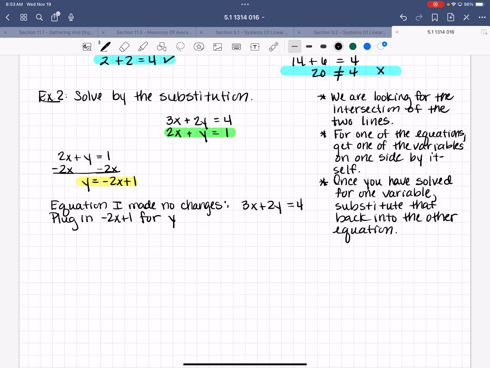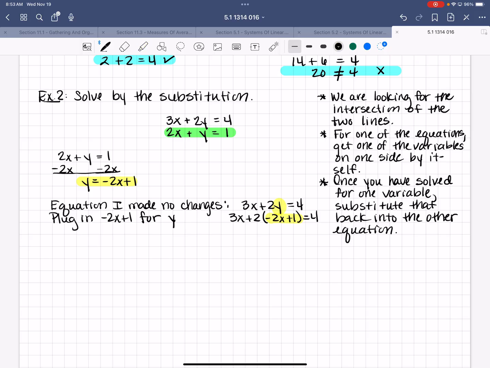Okay, so this is going to become 3x plus 2 times negative 2x plus 1 equals 4. Okay? Notice, y equals negative 2x plus 1. Where I saw a y, right here, I put in negative 2x plus 1. That's all I did.